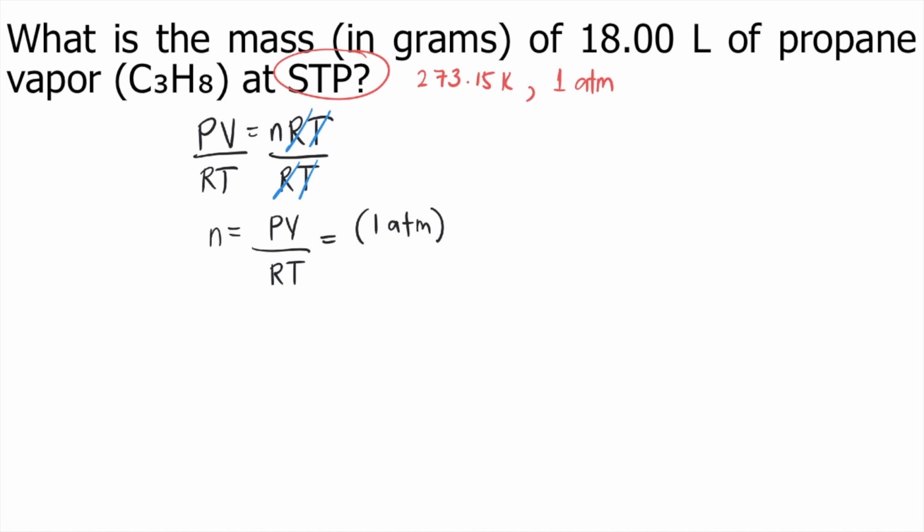V stands for volume, and in the problem, the given volume is 18 liters, divided by the value of R. You should have memorized this by now. So it's 0.0821 liter atmosphere per mole Kelvin.